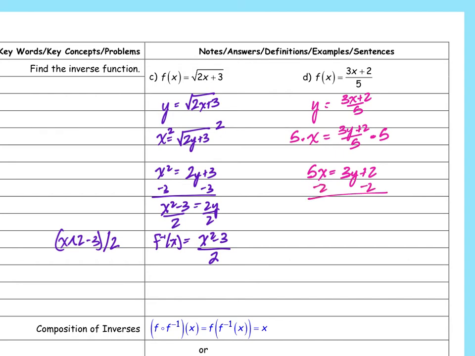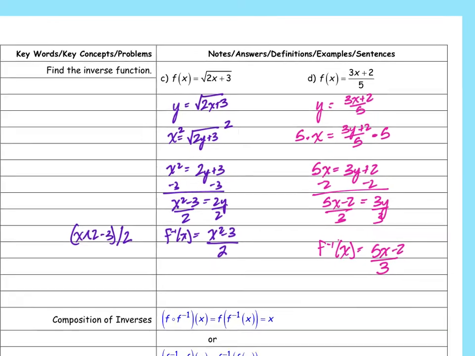Subtract 2: 5x minus 2 equals 3y. Divide by 3. So f inverse of x equals 5x minus 2, divided by 3. Okay, so there we go. That's just how to find an inverse algebraically, not too bad.